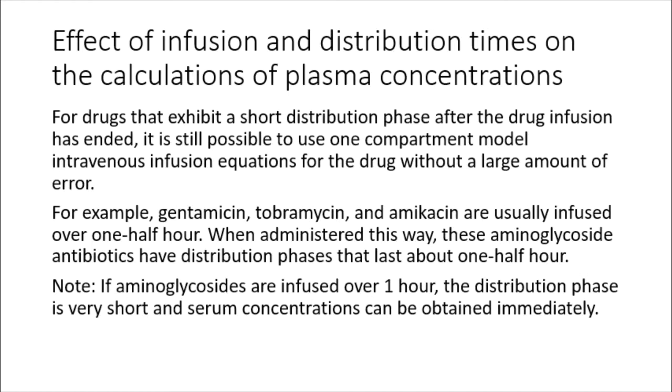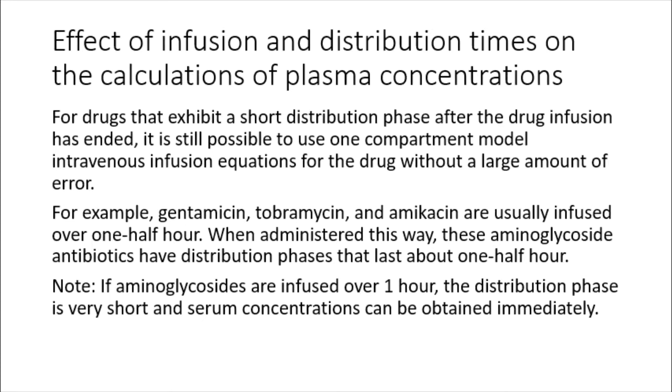Note that if aminoglycosides are infused over 1 hour, the distribution phase is very short and serum concentrations can be obtained immediately. This means that for aminoglycosides, they need a distribution time in addition to an infusion time.